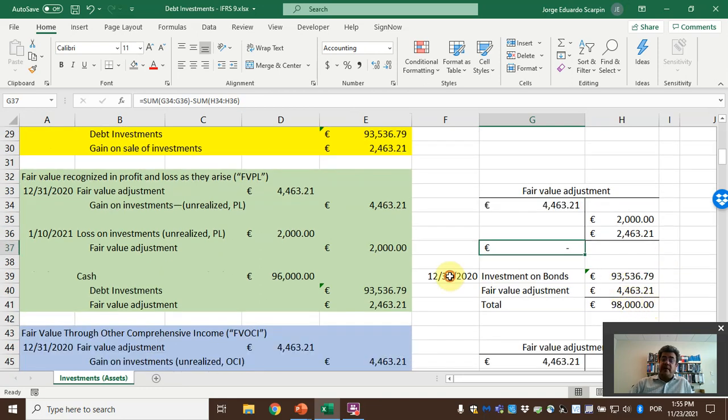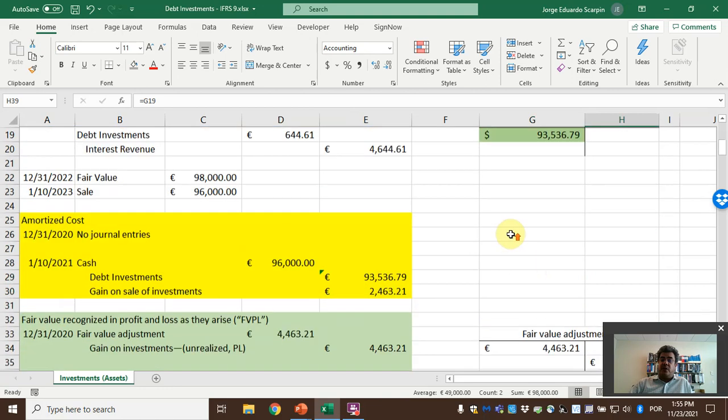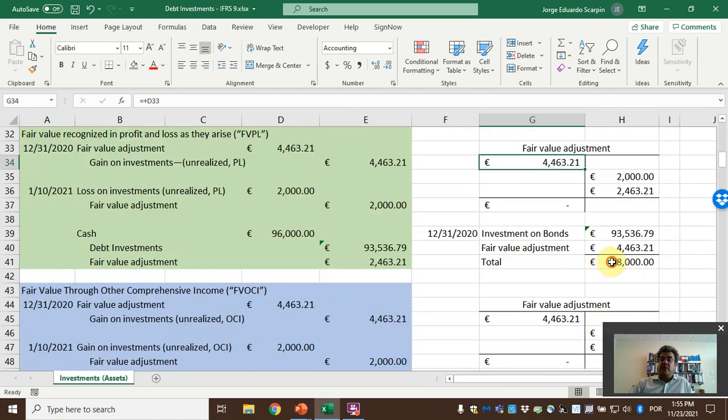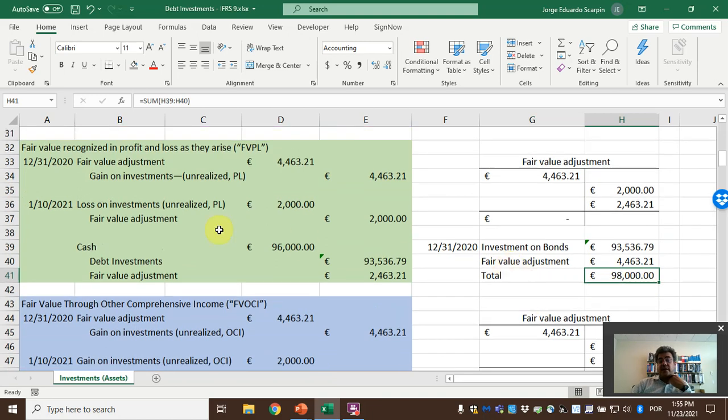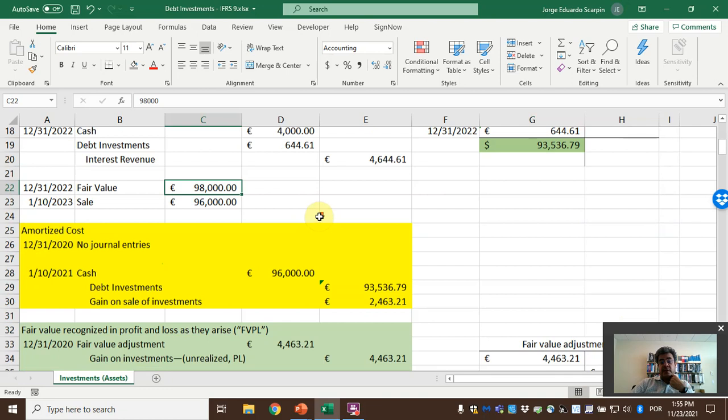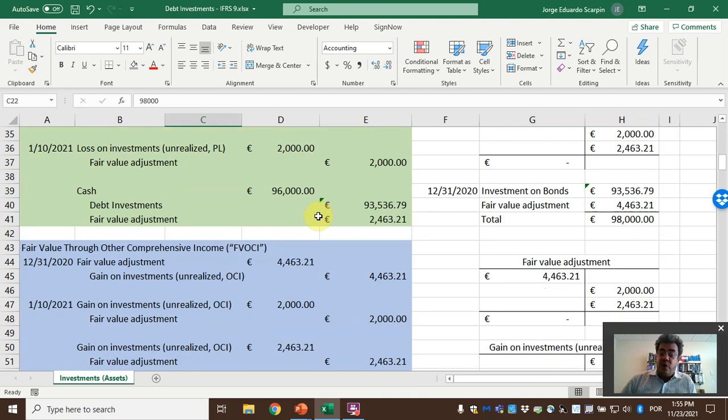Okay, and then on December 31st, as I told you, when we combine those two accounts, investment in bonds, 93, fair value adjustment for a total of 98,000 euros, our fair value. And the last one, the old available for sale, fair value through other comprehensive income.